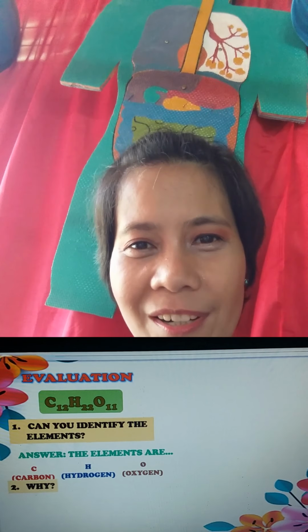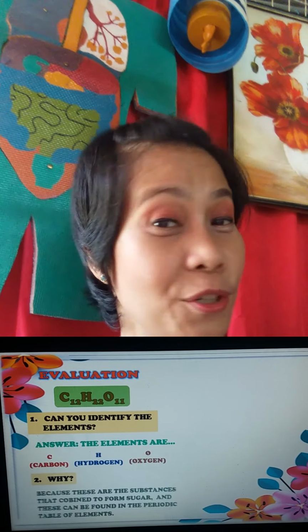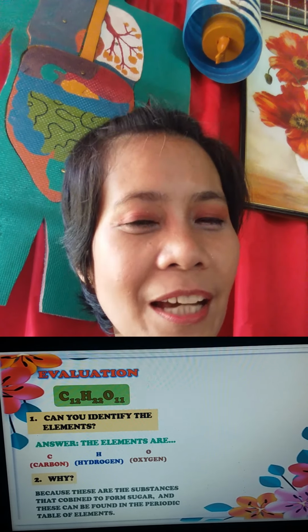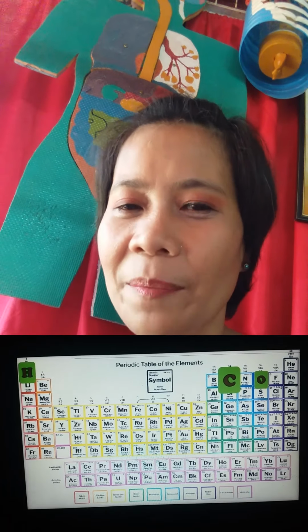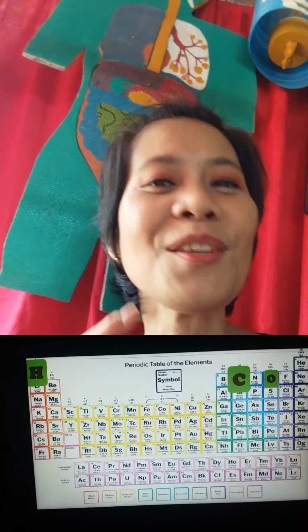Why is sugar considered a compound? Sugar is a compound because sugar is formed due to the combination of three elements, and those are carbon, hydrogen, and oxygen.